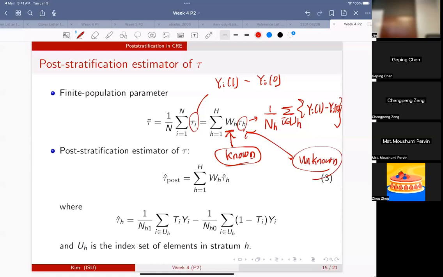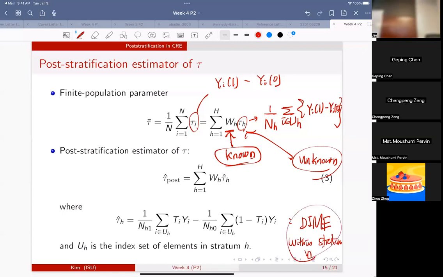So we use randomization, a completely randomized experiment, and then we can compute this. So this is actually a tau hat within stratum h.